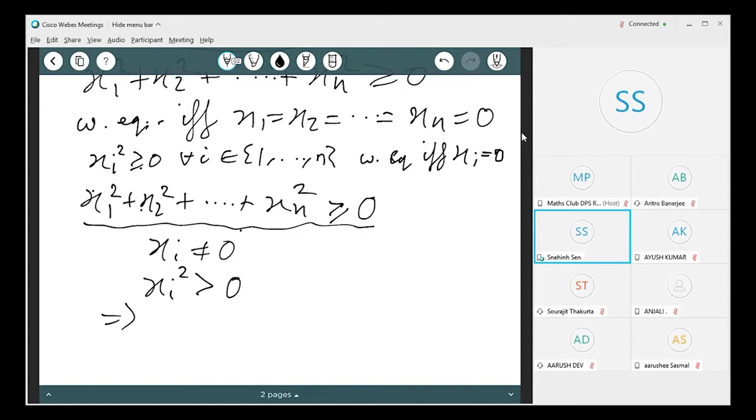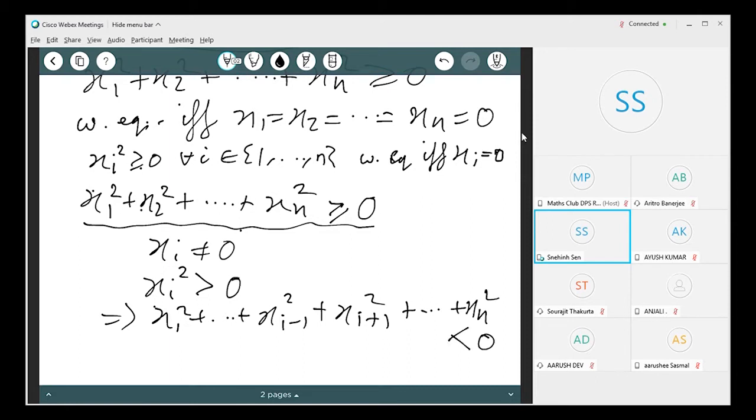So that would imply, for equality, x1 square plus dot dot dot plus x(i minus 1) whole square plus x(i plus 1) whole square plus dot dot dot plus xn whole square is less than 0, because the sum is equal to 0. We are finding equality. And this is not possible because the sum of squares is greater than or equal to 0, and that follows from this statement. Over here we have n minus 1 elements, so you are somewhat using induction, and that's correct. We can do this. Very good.